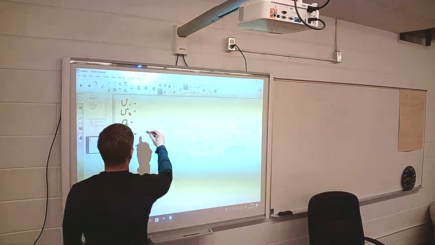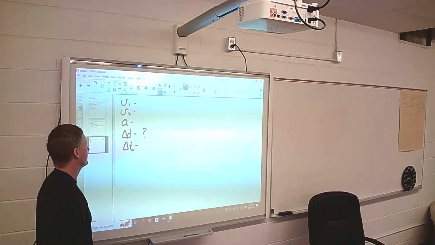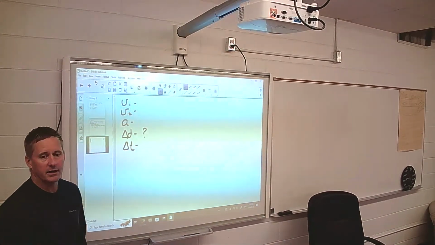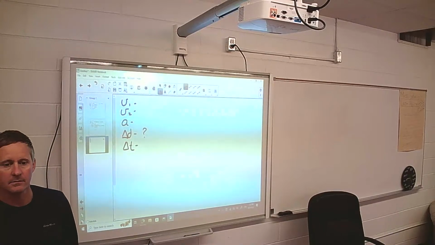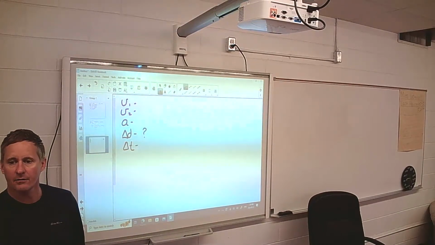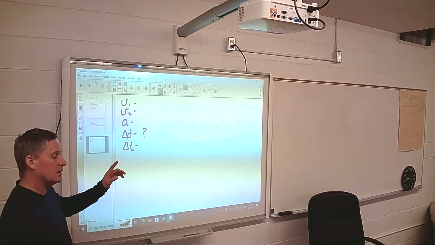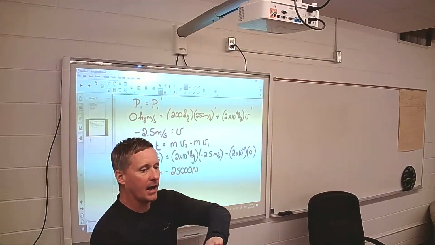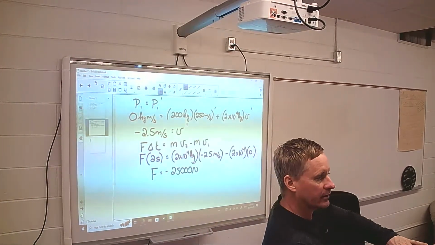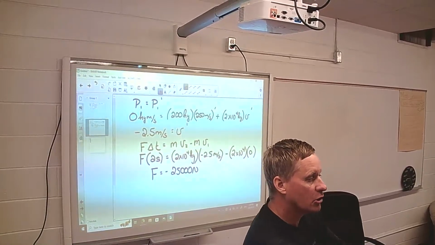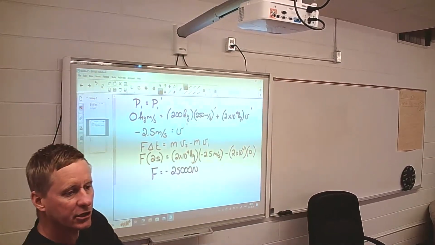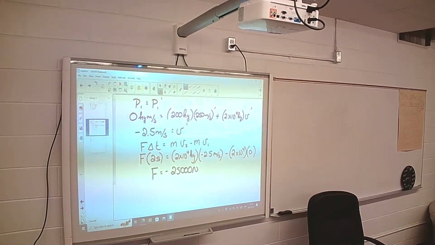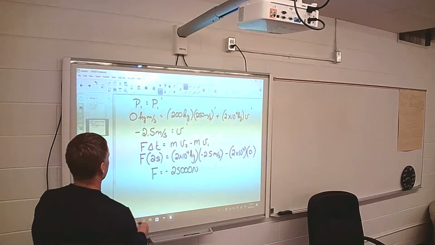Now, I'm looking for the distance of the recoil. Do I know the initial velocity of the cannon itself? Initial velocity. Okay. Now, here's the catch. I am only talking about after it fired. So after it fired, what's the initial velocity of the cannon? 2.5, right here.